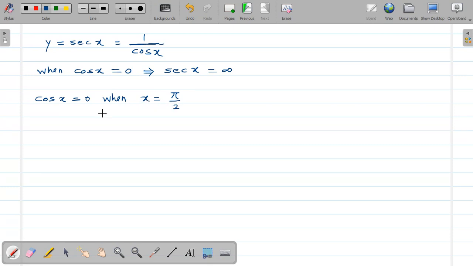For x is equal to pi by 2, cos x is equal to 0, plus or minus both. Then for the angle plus or minus 3 pi by 2, cos x is equal to 0. Similarly for 5 pi by 2, cos x is equal to 0, and so on like this.